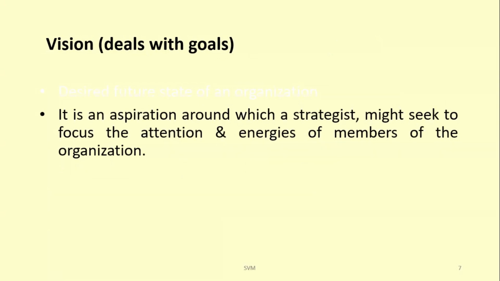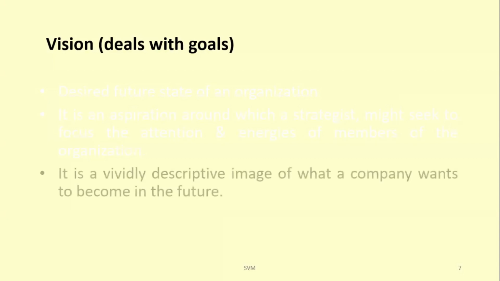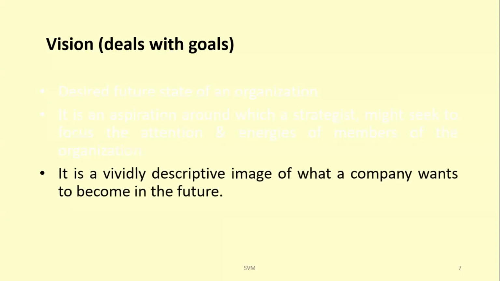So the vision should be such that it should create an aspiration in all the members of the organization, and it should create energy in the members of the organization. It is a vividly descriptive image of what a company wants to become in the future. So it is like a dream, what you are trying to imagine.